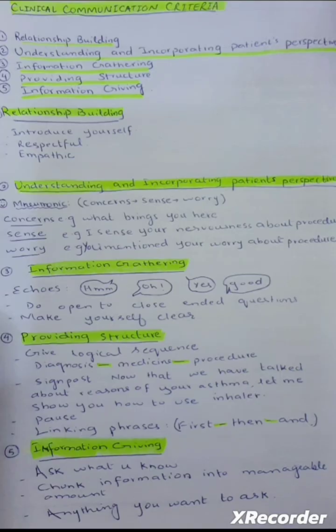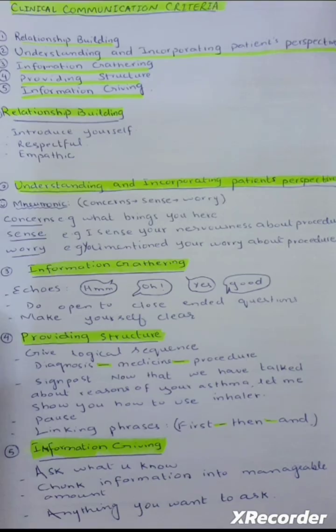Now, coming to the information gathering component, you must gather all the relevant information. For example, when you ask about her concerns, her worries, and her nervousness or sadness about certain things, you may not be sitting quiet and listening to the patient, just making faces. You should also be echoic.